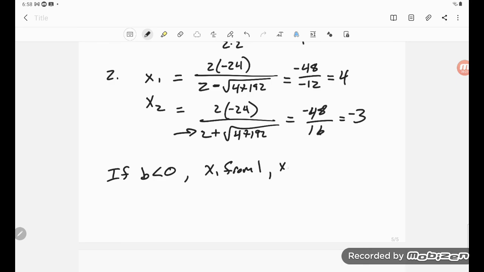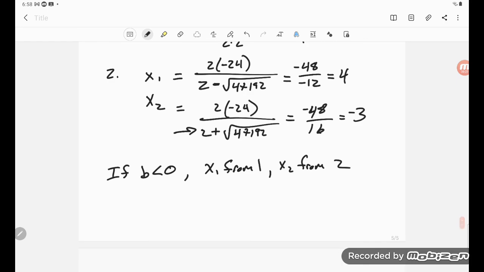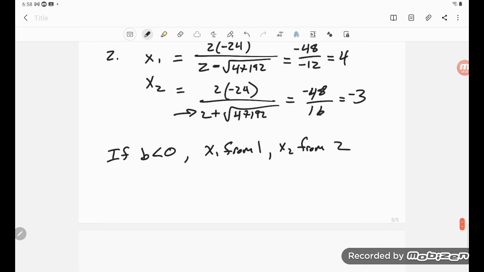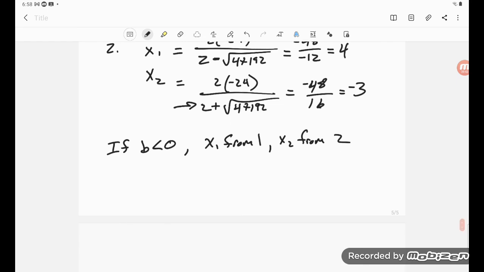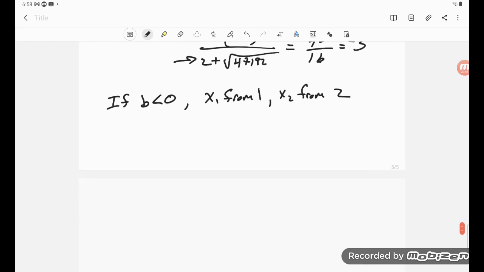So x2 from 2. And I'm going to do another video where I just go through this and show that if the numbers are big enough difference, we do have a problem.